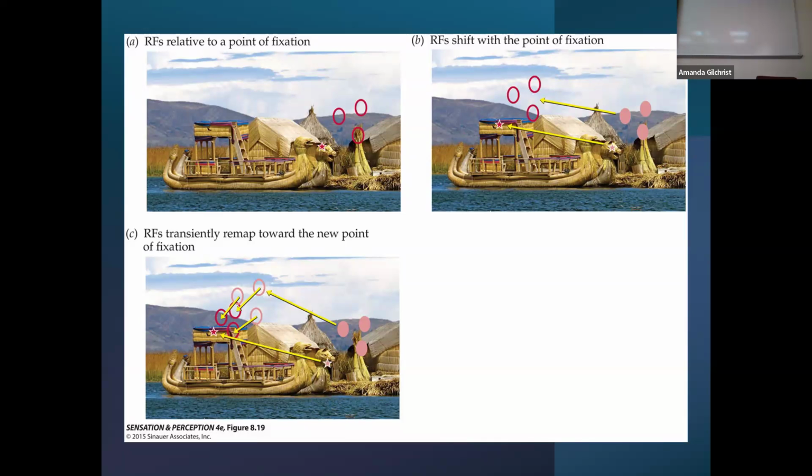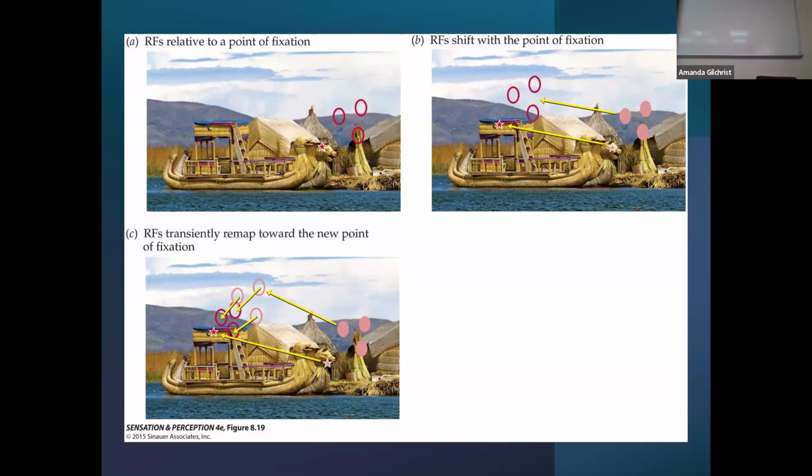Now, another thing that we can do is that we can have that transient shift. So here's our original point of fixation. Here are our original receptive fields, and we know we're going to fixate over here. So what we can do is that they can transiently remap towards the new point. They'll move over to the left, and then they'll move down a little bit.